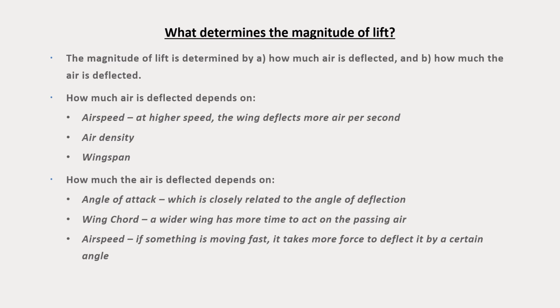So the airspeed is changing the amount of force associated with a certain angle. So notice that the airspeed shows up twice in this list of factors that influence the magnitude. Turns out that the lift is proportional to the square of the airspeed. And since both wingspan and wing chord influence it, the product of wingspan and wing chord is the wing area. So the area of the wing will be directly related to the magnitude of the lift.